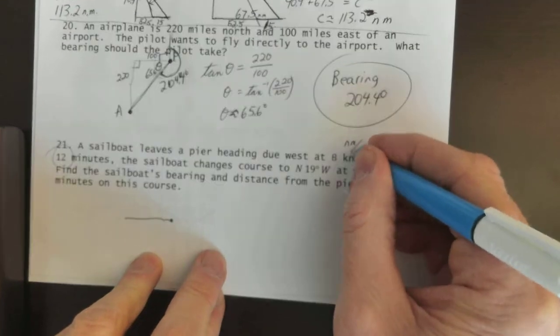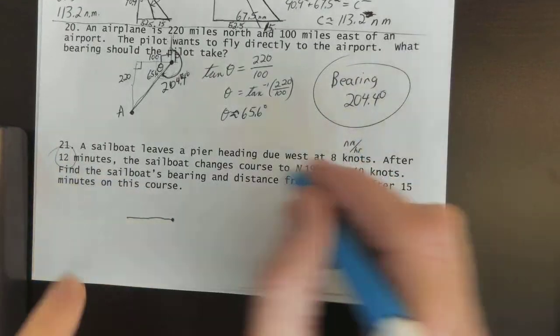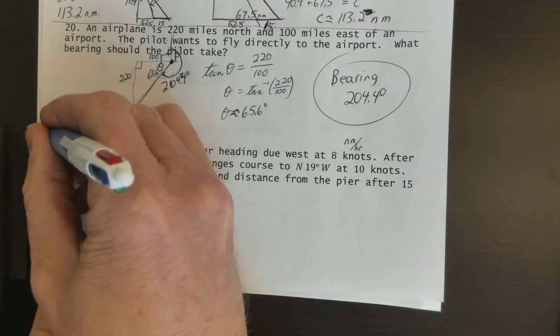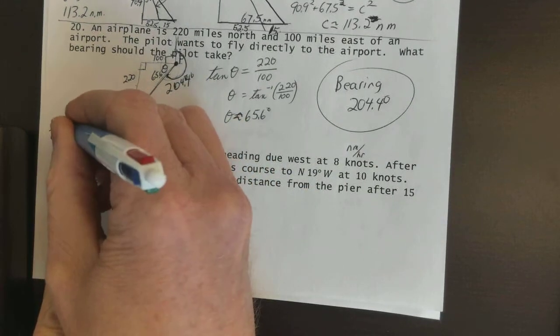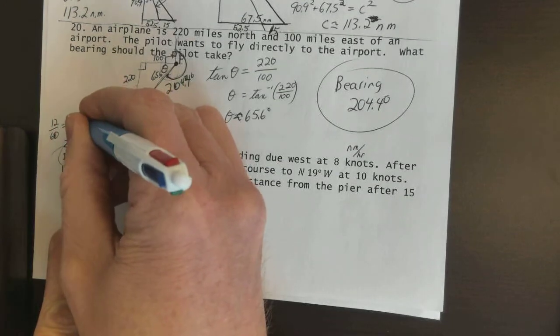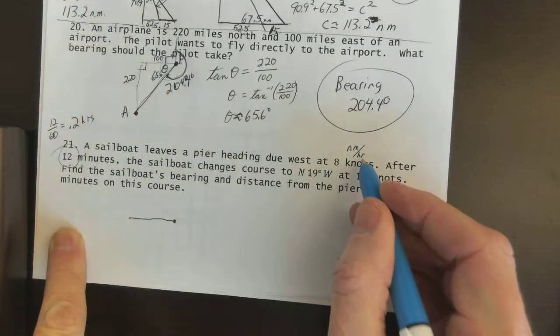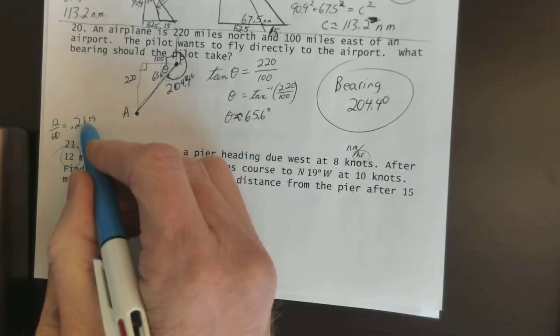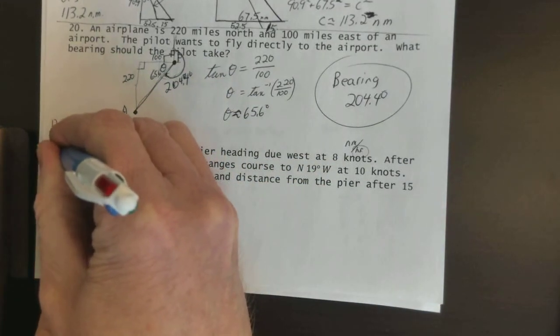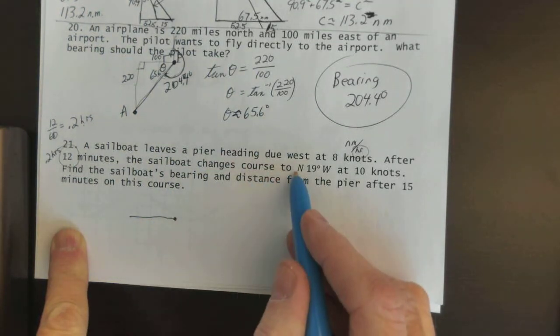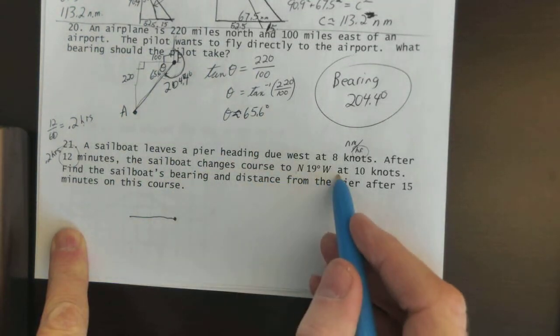Knots is nautical miles per hour. 12 minutes, that is 12/60th of an hour. And I think if you do the math there, you'll find that's 0.2 hours. And since this is nautical miles per hour, I'm changing this to 0.2 hours here. The sailboat changes course at 10 knots.